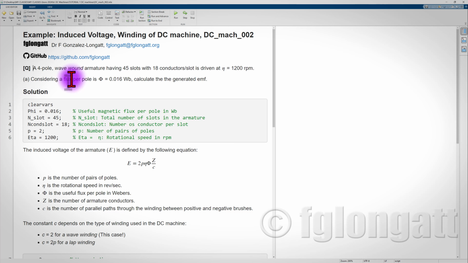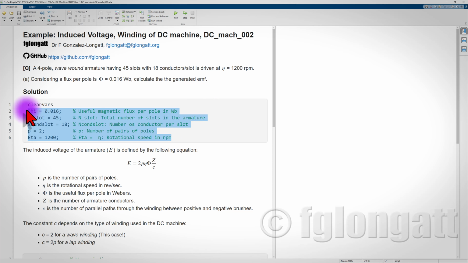Considering a flux per pole of 0.16 Weber, calculate or determine the generated EMF. This is very interesting because now we are working with the armature of one DC generator, and here it is very clear in italics that we are talking about a wave-wound armature.